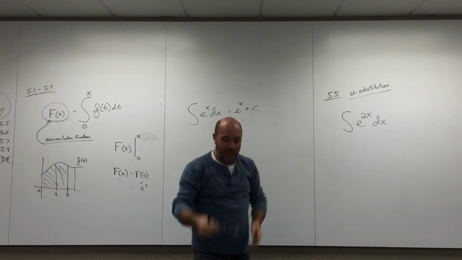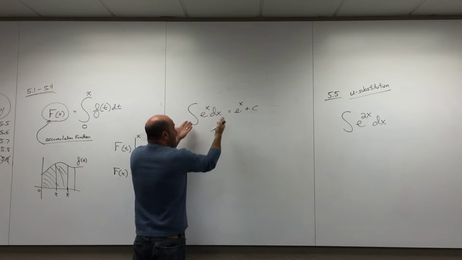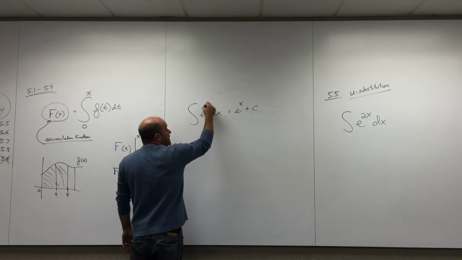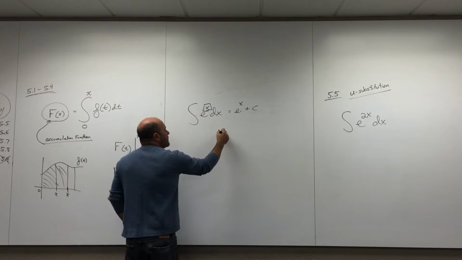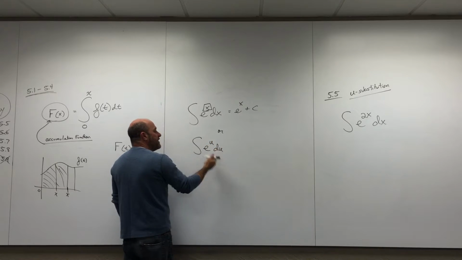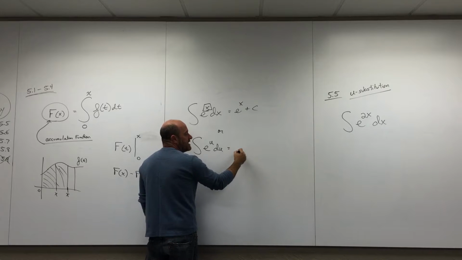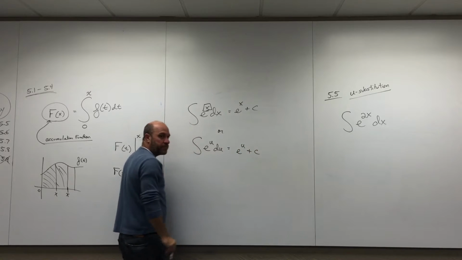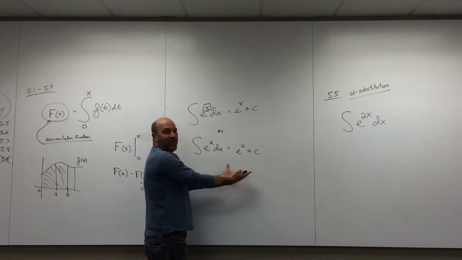I'd rather you think of it as, this is the rule, and in order to fit this rule, this has got to be a single variable x. Or in other words, we use u, and if I can make it an e to the u du, then I know the answer is e to the u. So I need it to look like this so I can shout out the rule.